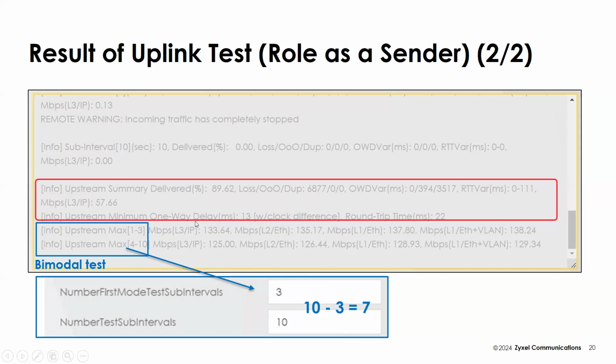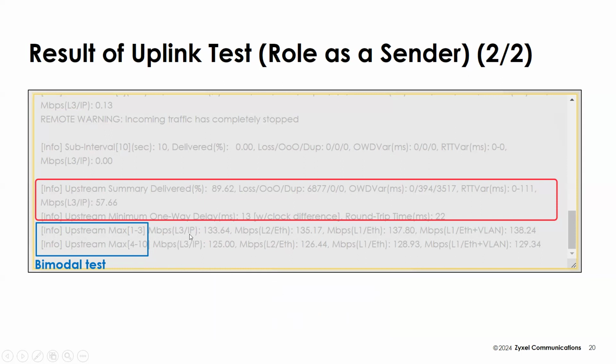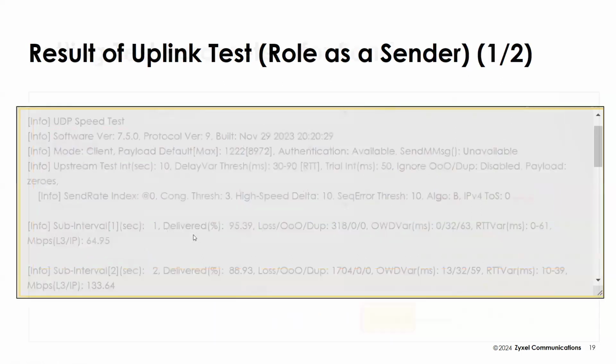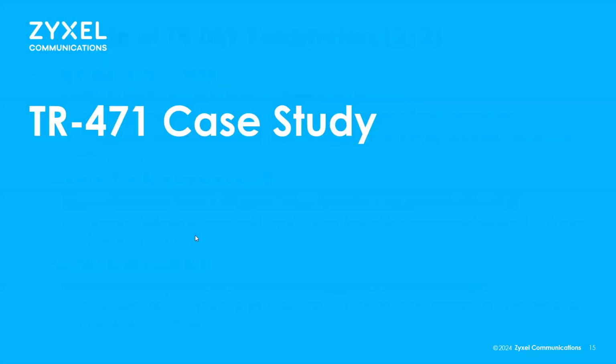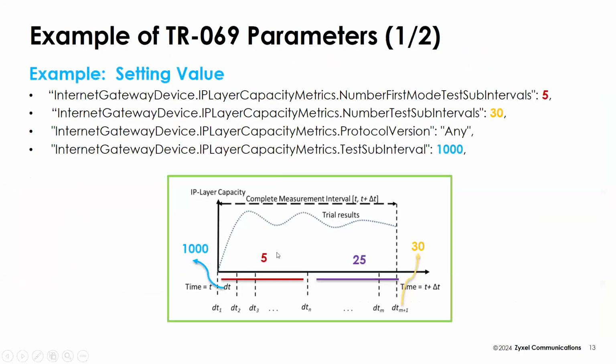The reason why sometimes a customer wants to perform a bimodal test is that, for example, in the beginning of the test, the capacity is still at a low rate.